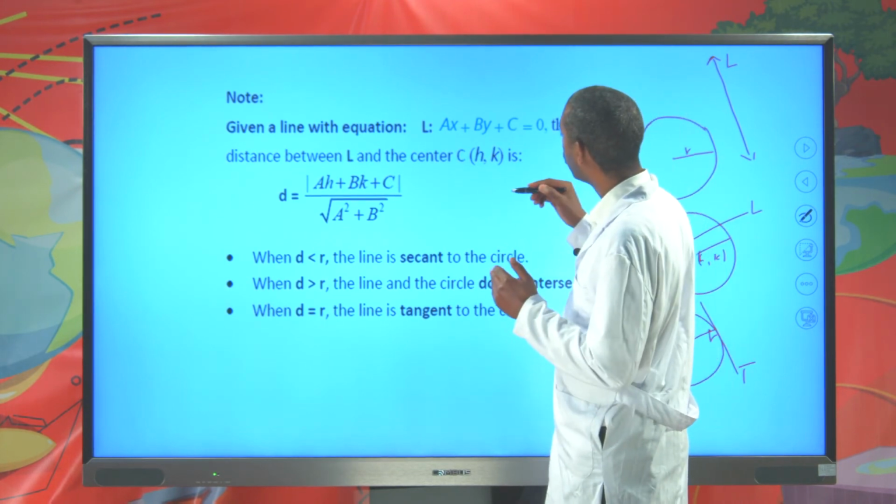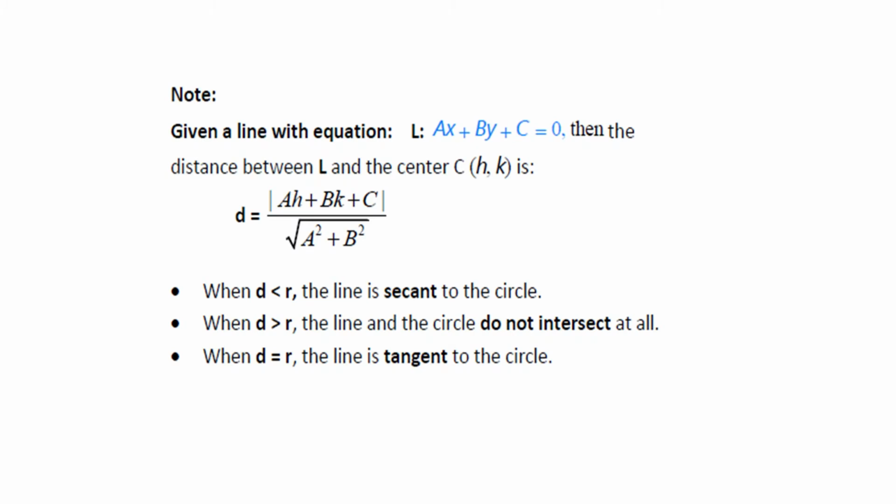So if the equation of a line is given to us, and we also have a circle with center HK, we may be required to find the distance between the circle and the line. So we may use this formula.